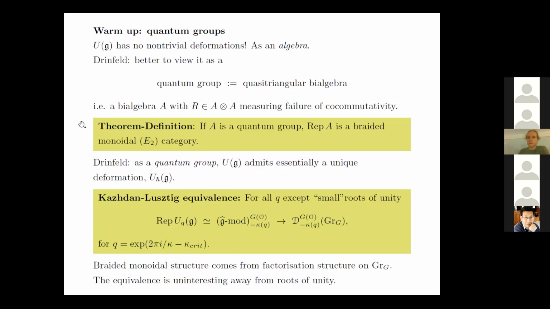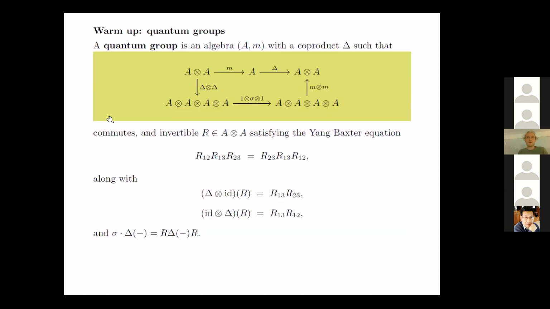So these are what quantum groups are. The definition of a quantum group is, well, okay, this is the definition of a bialgebra, and so a quantum group is a bialgebra, an algebra with a coproduct, such that the coproduct and product are compatible. They're compatible in the obvious way, but I've written out this diagram in full because I'm going to write out the analog in vertex algebra land in a second.